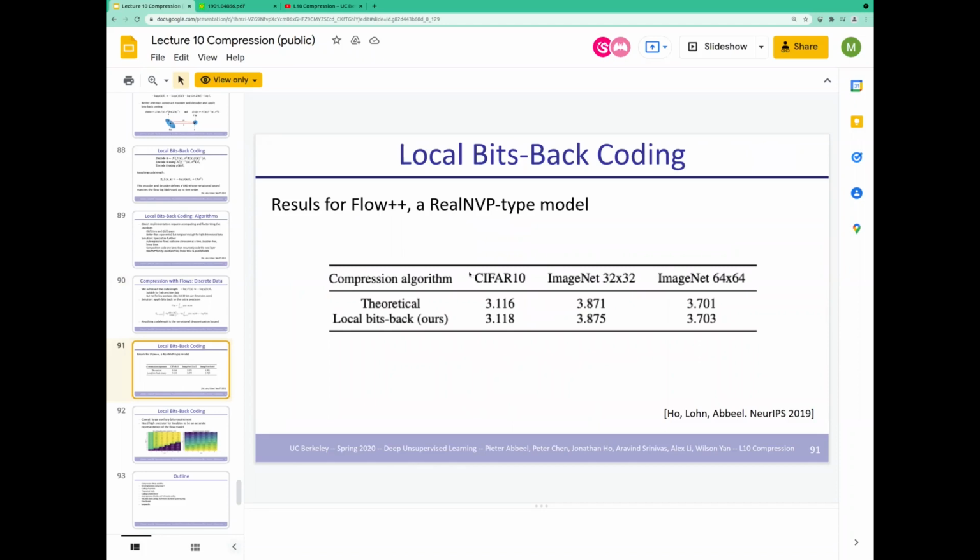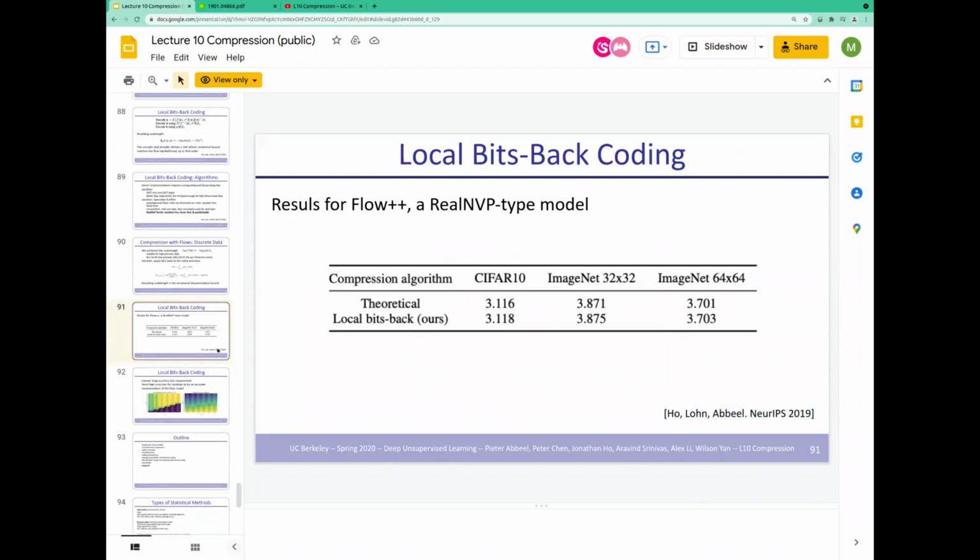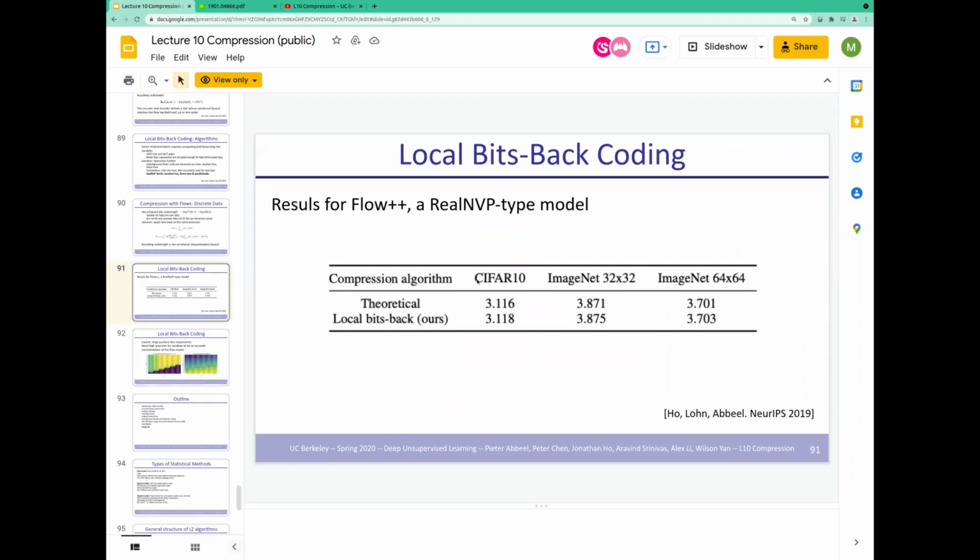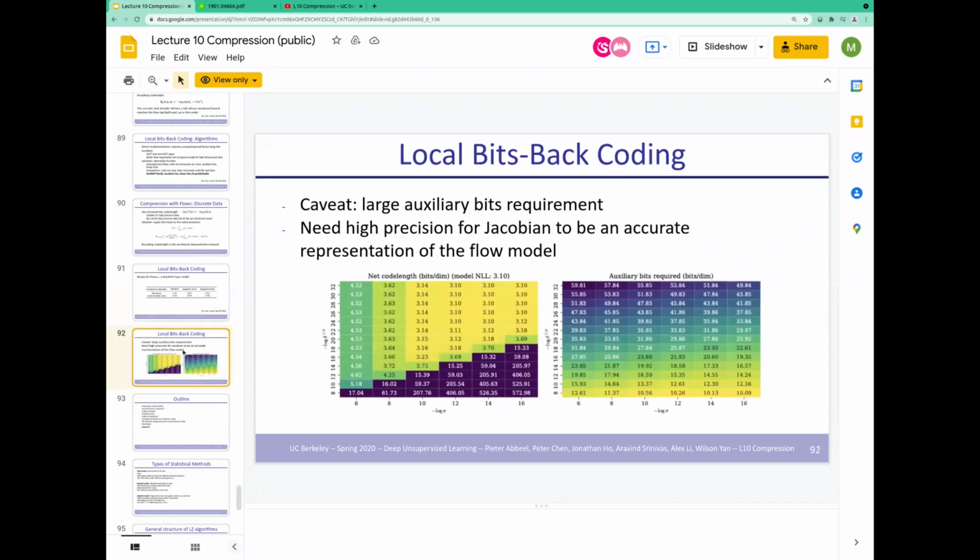Okay, and then these are the results. Theoretically, you're supposed to get 3.116, and the authors here got pretty close to it. On CIFAR 10, it wasn't causing a lot of loss from using flow models. I'm not sure how the auxiliary bit, the starting bit requirement, worked.